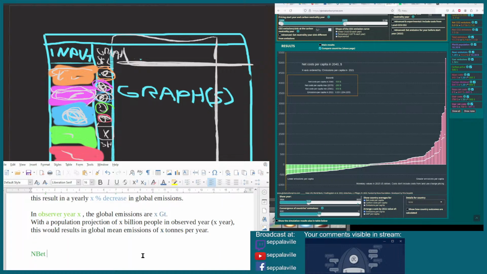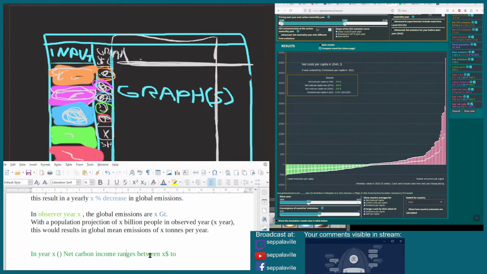So net carbon income ranges between X dollars, and maybe in year X, so this is again selected by the user, ranges between, or maybe it should start with net carbon costs.